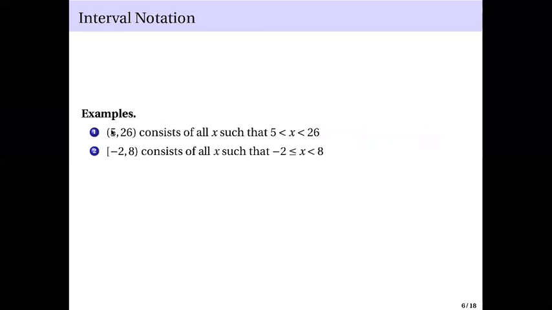Okay, next you have square bracket, negative 2 comma 8 close parenthesis. So in interval notation, this is written as x greater than or equal to negative 2 but less than 8. And graphically, we have the following.